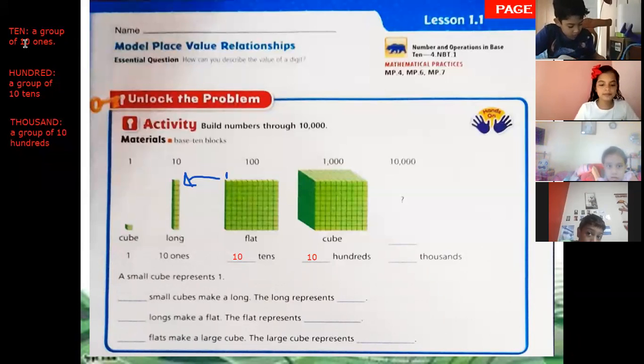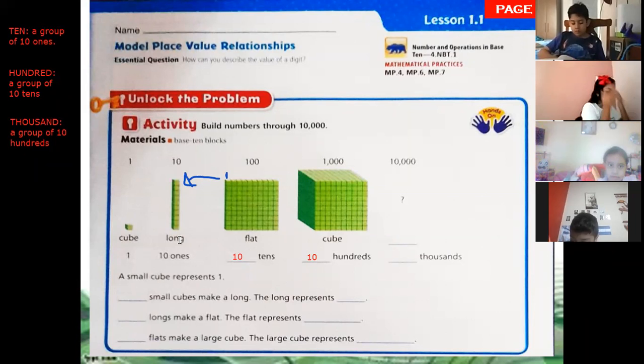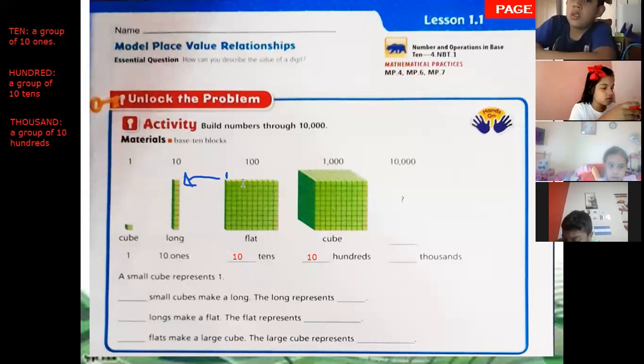I said to you yesterday that a 10 is a group of 10 ones, right? If we count these cubes, they are 10. Now, a flat or 100 is a group of 10 tens. 10 longs of these. And a cube or 1,000 is a group of 10 hundreds, 10 of these flats. That's what I am explaining.